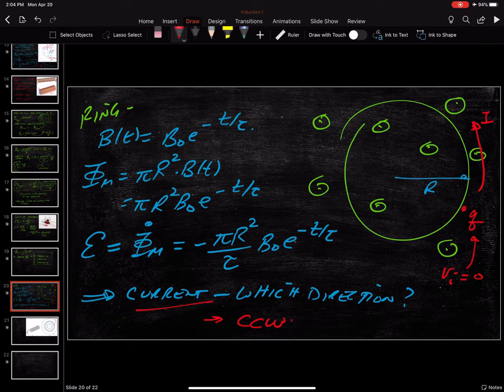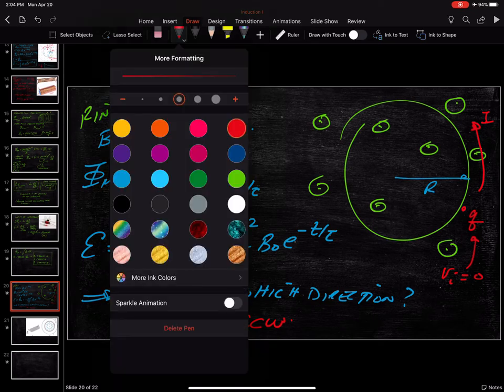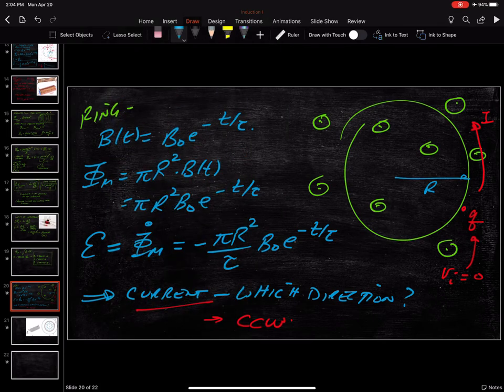But the big question becomes, where the heck does this current come from? You say a changing magnetic flux. Yeah, but again, what force is making these things move around? It cannot be the magnetic force. It can't be. There's just no way of doing that. Because remember, force magnetic is Q times V cross B. If V is 0, then there's no magnetic force.